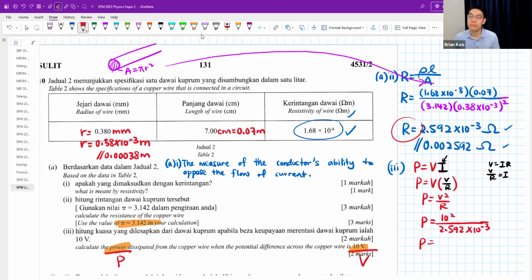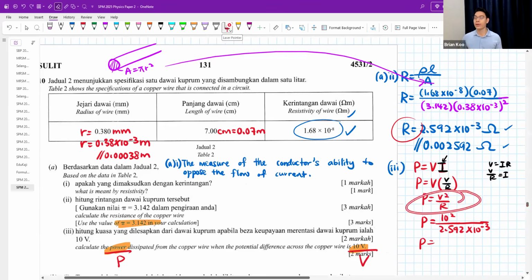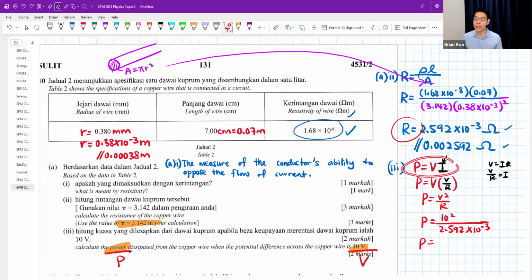Yes, this formula is not given directly, but in your textbook, in your syllabus, we did go through this, where P equals to VI is the standard one. If you don't have the current, you can always just replace the current as V over R. And you can do like this.